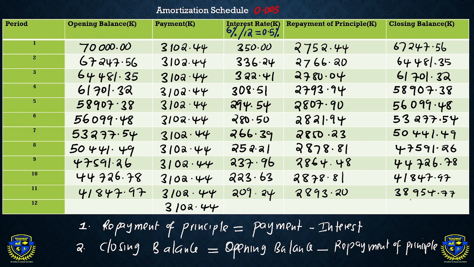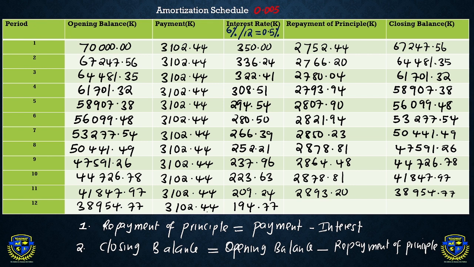Okay, meaning that becomes our opening balance, which is 38,954.77. Now the opening balance is going to be multiplied by 0.005, which is in period 12. That's going to give us an interest of 194.77.